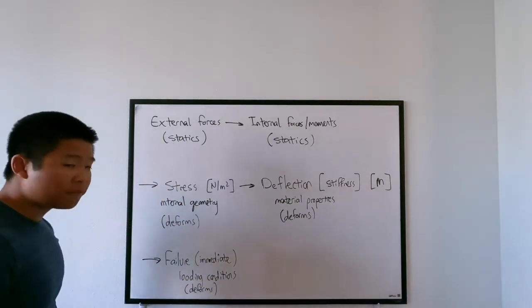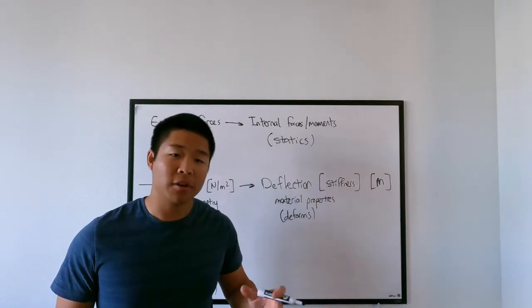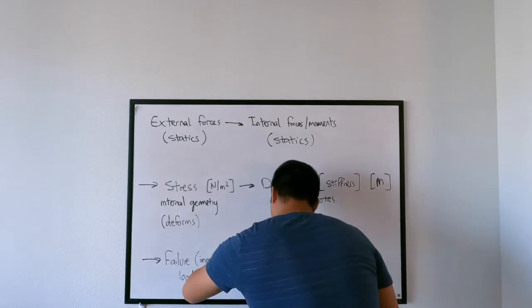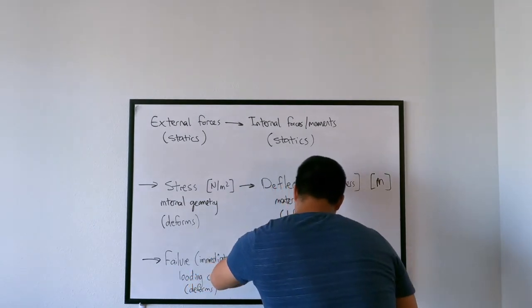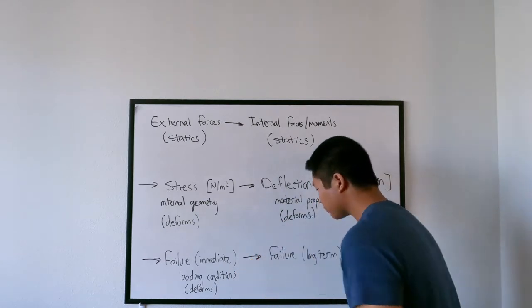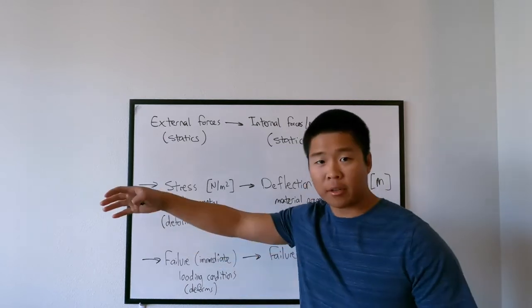After immediate failure, if something doesn't fail immediately, you know that it could eventually fail over time, right? And this will be long-term failure. So of course, like your car, you drive it off the lot, brand new car.